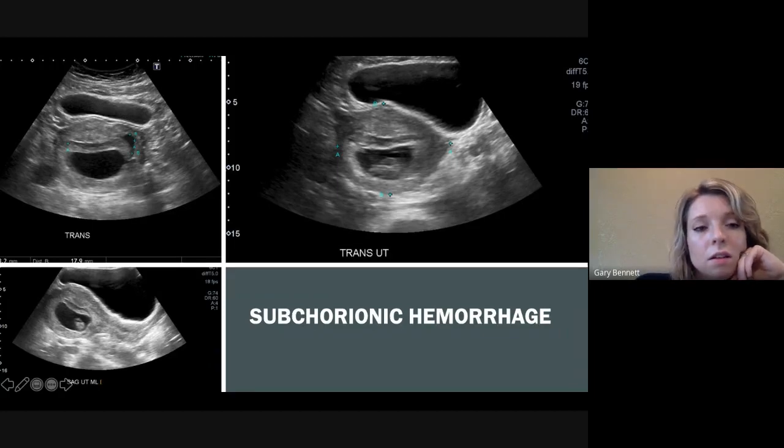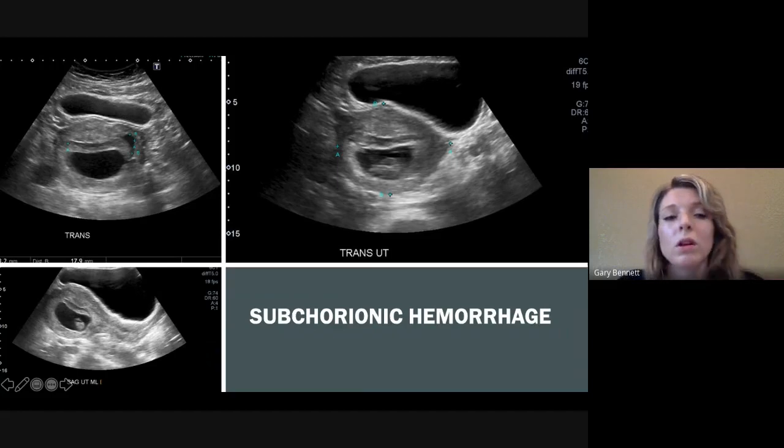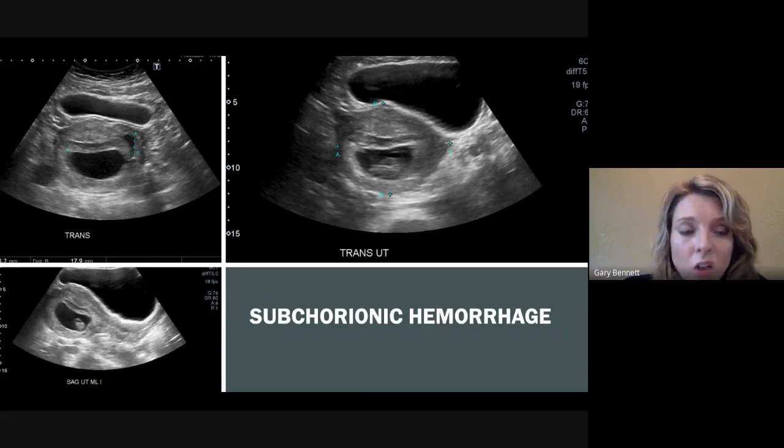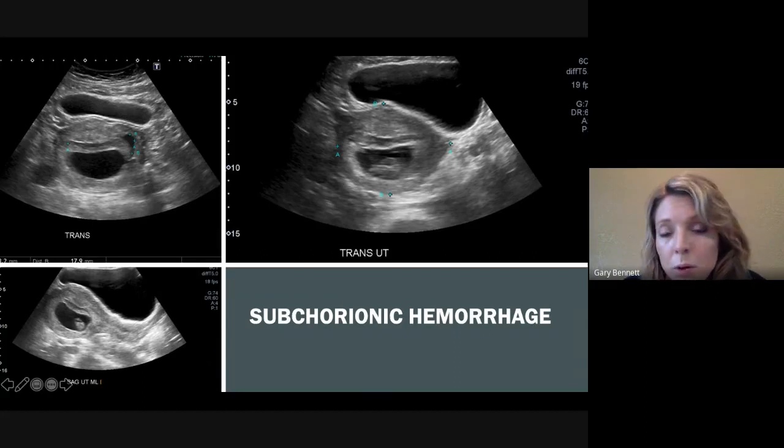And it's tempting to see this image here and think, oh, that must be a cyst on the ovary, or maybe that's my corpus luteal cyst. But if you simply turn on that sagittally and elongate it, or drop a color box over there, you'll see it light up with color indicating a vessel, you can rule that out pretty easily.